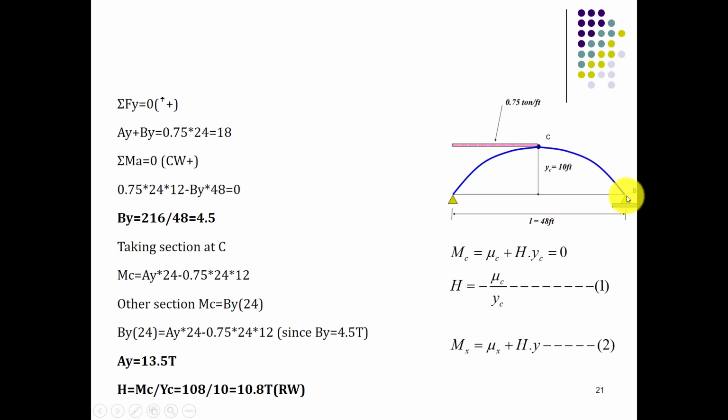So by taking the moment at point B, we have a 108 foot-ton moment, and we can calculate the horizontal upward thrust by this formula by computing the value of moment at point C divided by Yc. Moment at point C is 108 and Yc is 10. So we have a horizontal component equal to 10.8 tons, which is acting in the rightward direction.